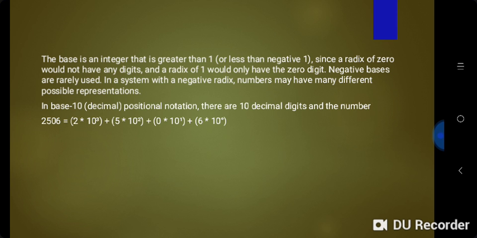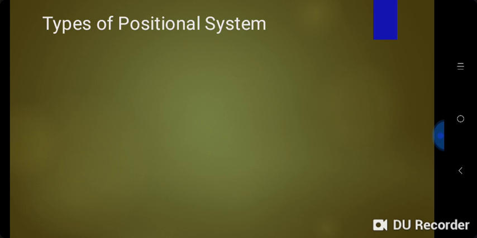So we multiply by 10 because we use base 10. Then we have different types of positional systems, because they depend on the position and on the base that we use.